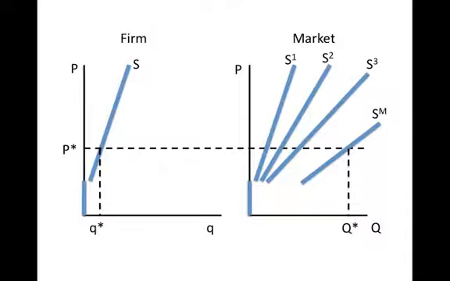Now, what we're looking for also is a way to try to capture how the quantity supplied in the market varies as the market price changes, right? Because the notion that we've been dealing with so far is that if you change the price that the individual firm takes, then it's going to change its level of output. But if all firms do that, then what we'd like to know is, okay, for a given price change, how does all of those firms' changes in their level of output translate into a change in the market level of output?